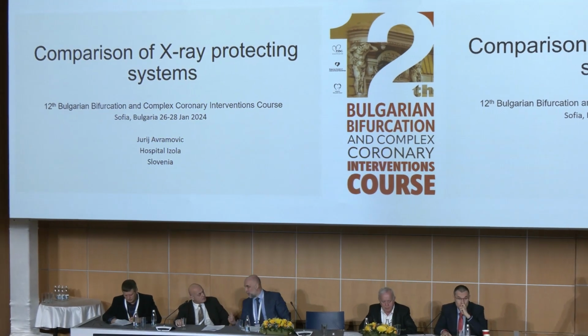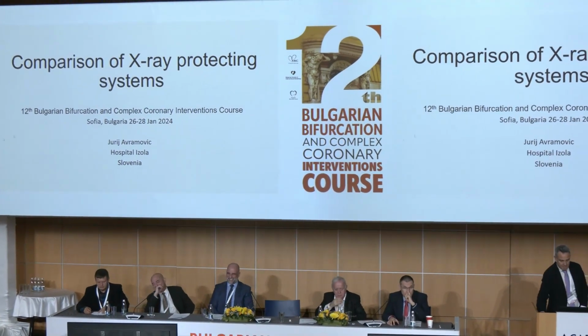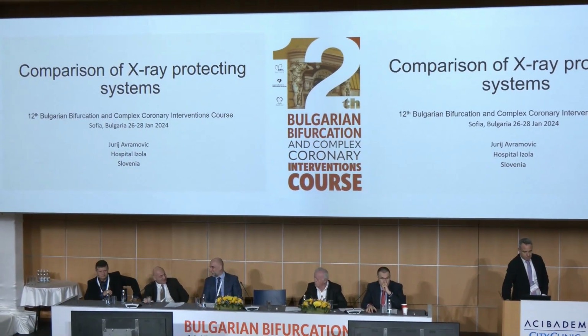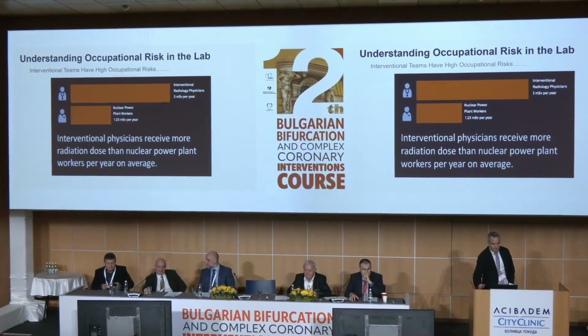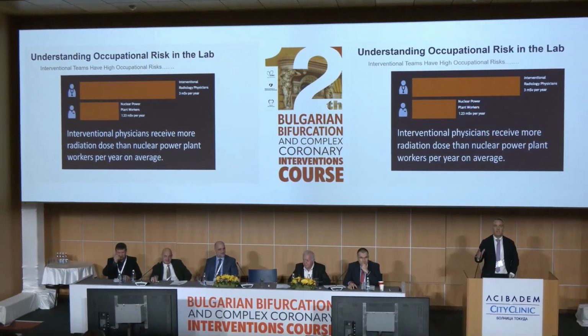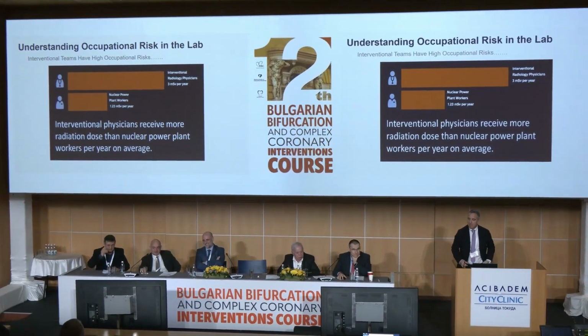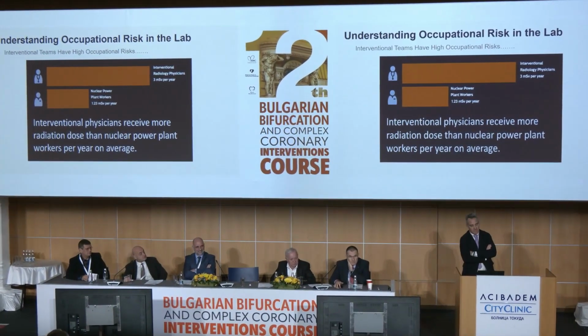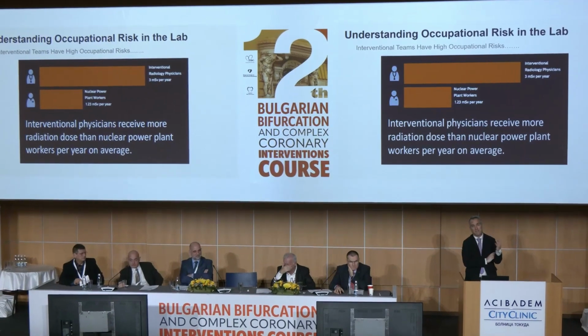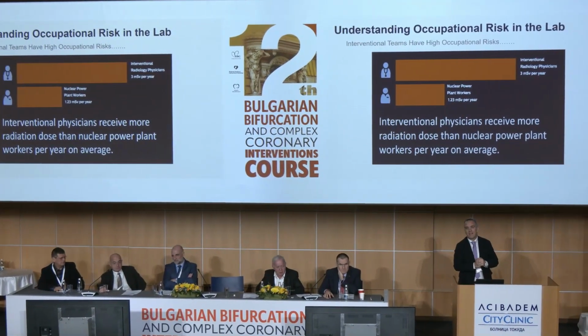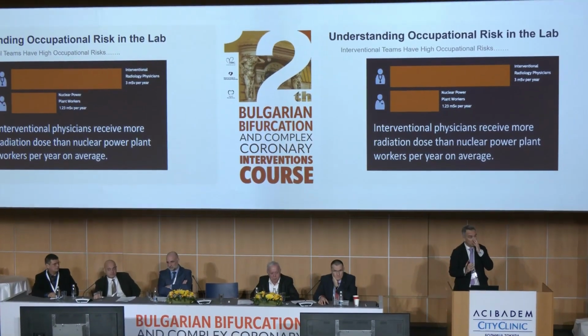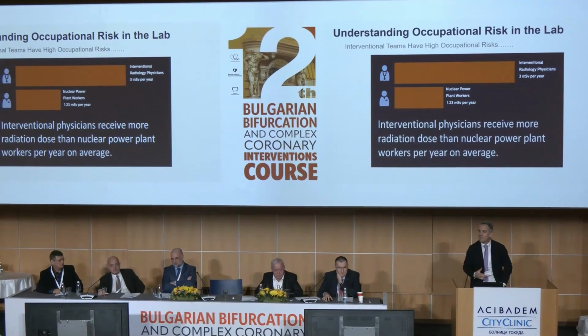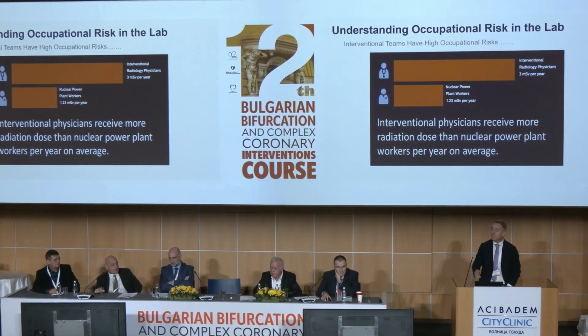Okay, so let's move on. We receive more radiation than people that go to nuclear power plants per year. And getting this dose, basically, we don't see it. We work and we are fine, and we do bifurcations, CTOs, 3-hour procedures, 5-hour procedures.